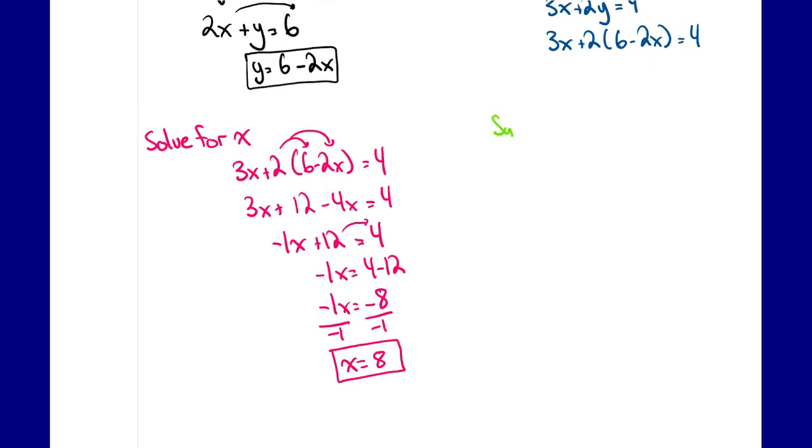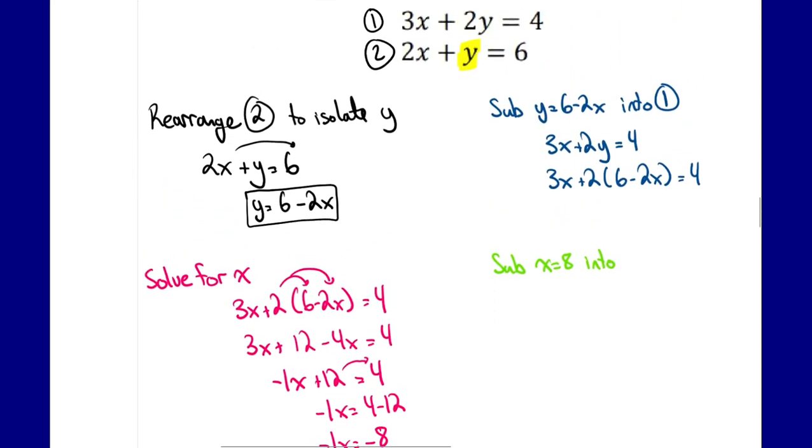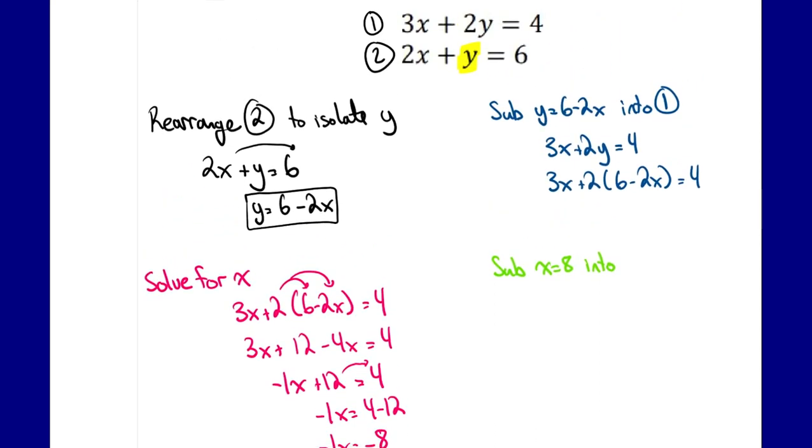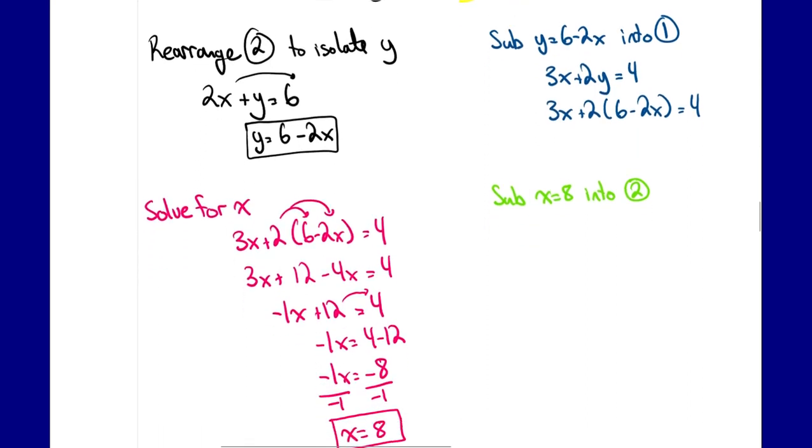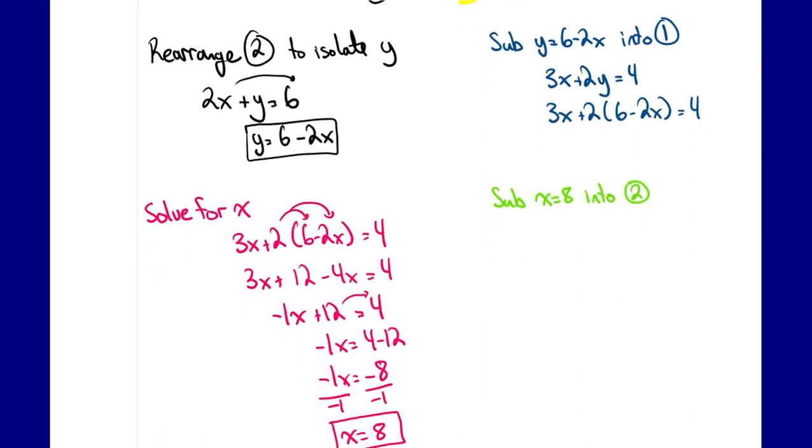So I'm going to sub x equals 8 into, and again, it doesn't really matter which one we sub it into. It should give us the same answer, but we want to sub it into the one that has fewer constants or fewer values in front of the variable. So I'm going to plug this back into equation 2, just because it's going to make it a little bit easier in the long run when I have to solve for y. So take equation 2, which is 2x plus y equals 6.